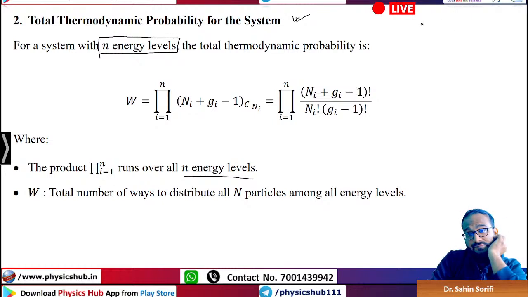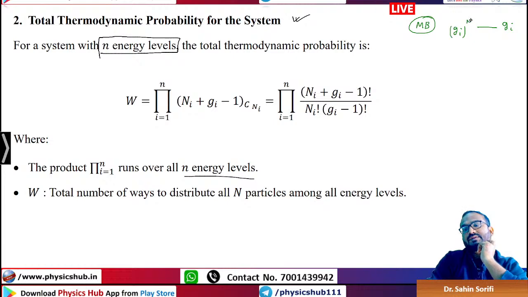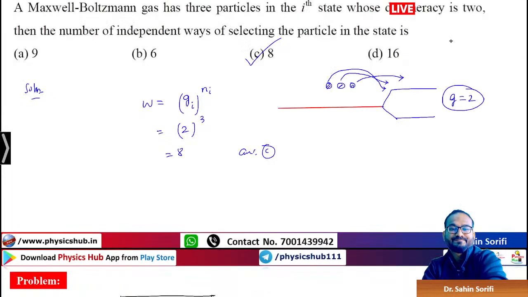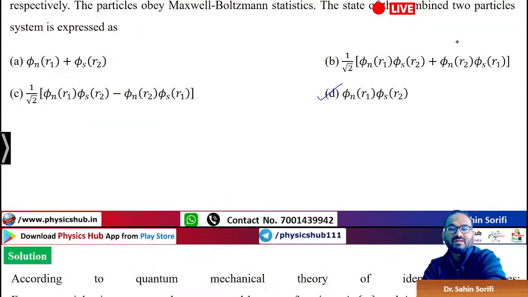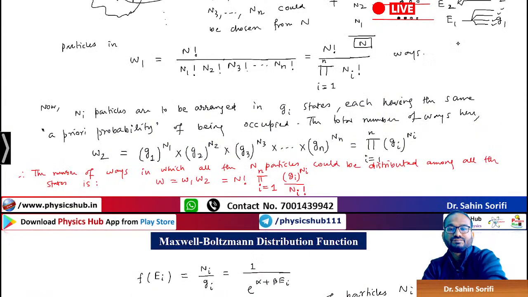If you revise for Maxwell-Boltzmann, for a single energy level having degeneracy Gi, the probability was Gi to the power Ni for single particles. Now, if you consider the whole system, then we have a modified formula: n factorial into product i equals 1 to n of gi to the power ni by ni factorial.